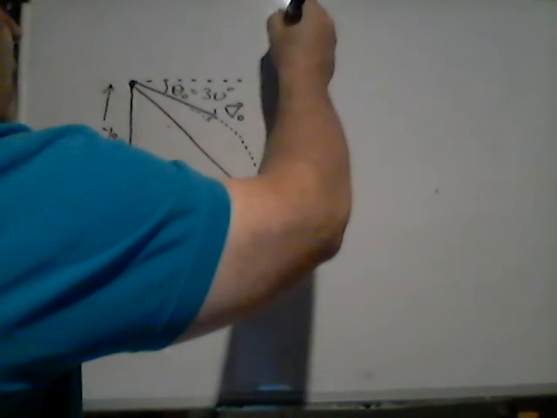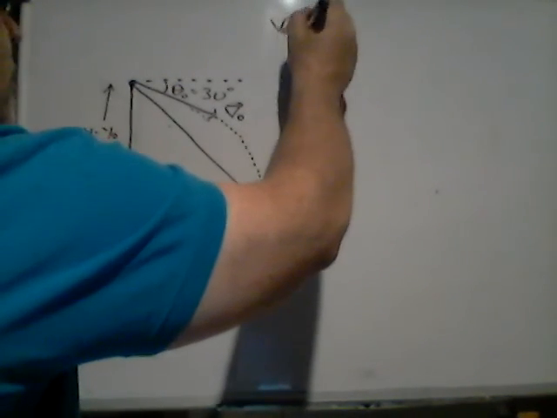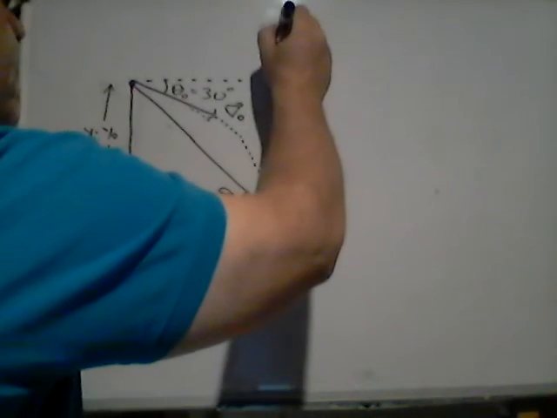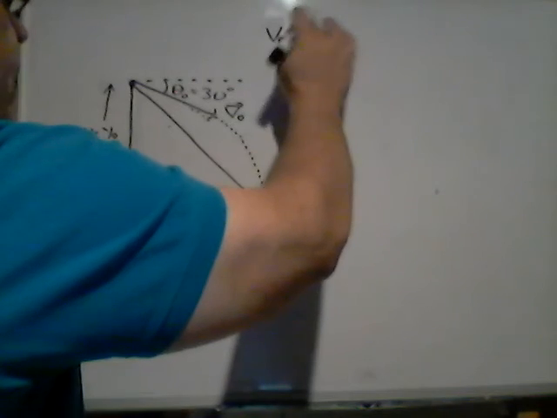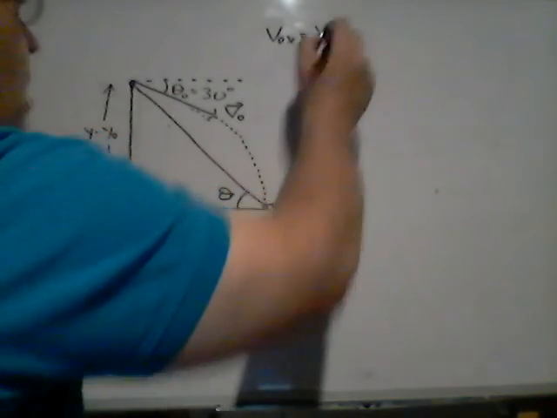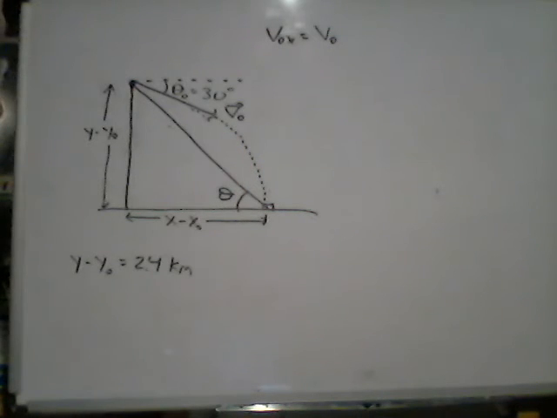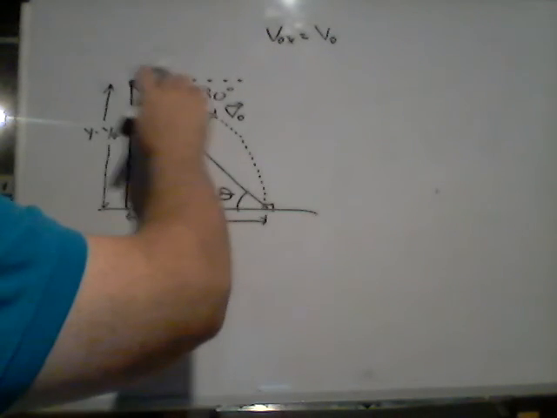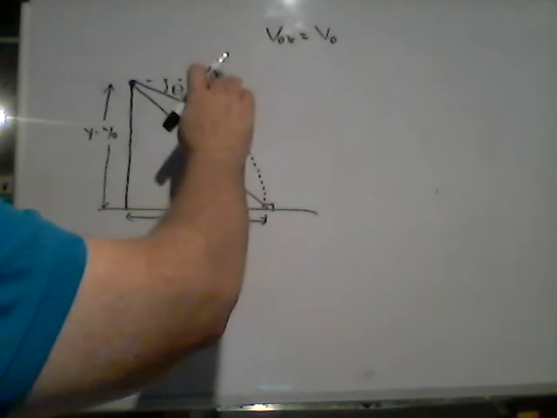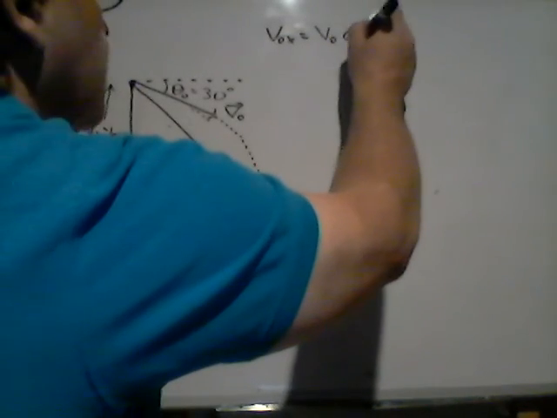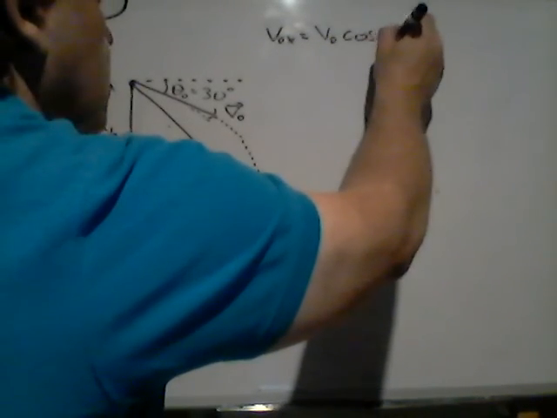All right, so V naught sub x is going to be, again, as I've said a few times, V naught, the initial velocity vector of the projectile, and then we have the adjacent. The x component is going to make an adjacent leg. So it'll be v naught cosine of theta naught.